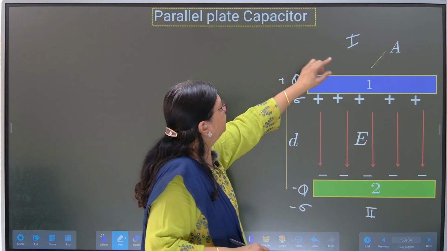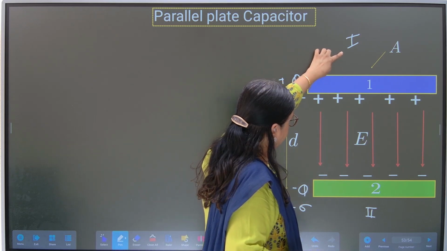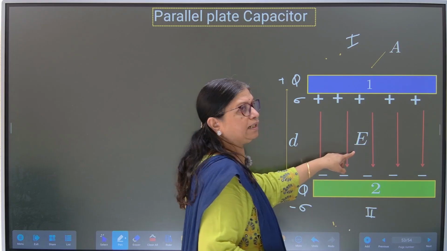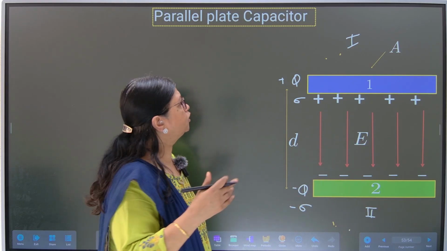Now let us see whether for region 1 and region 2 this electric field is available or not.